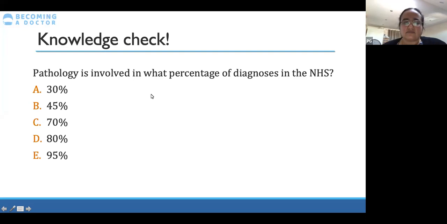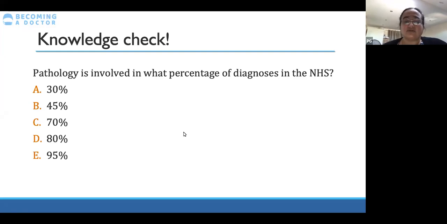It's close. It's 70%. This is the correct answer. So 70% of all diagnoses in the NHS involve pathology.